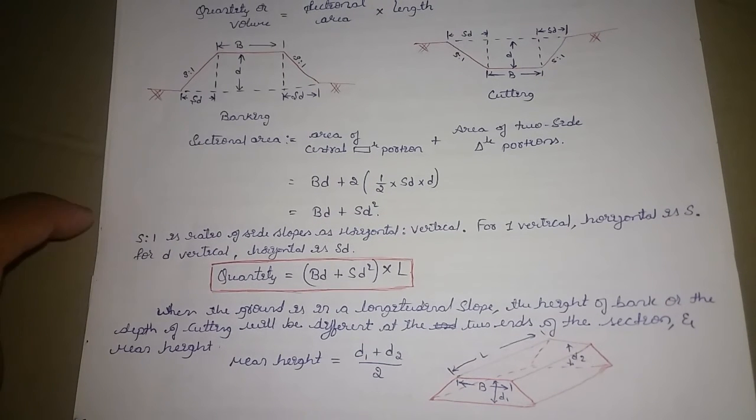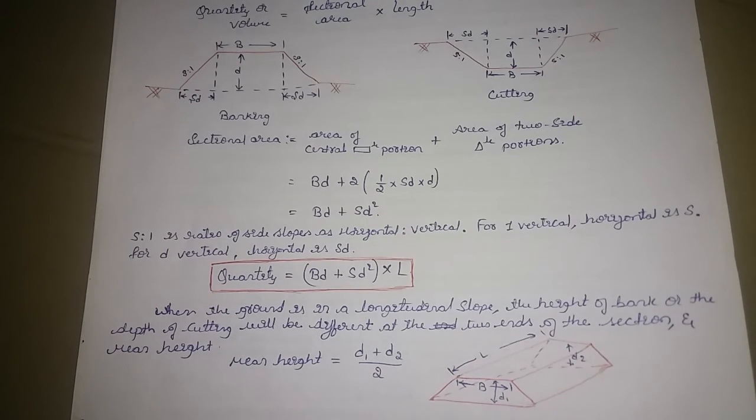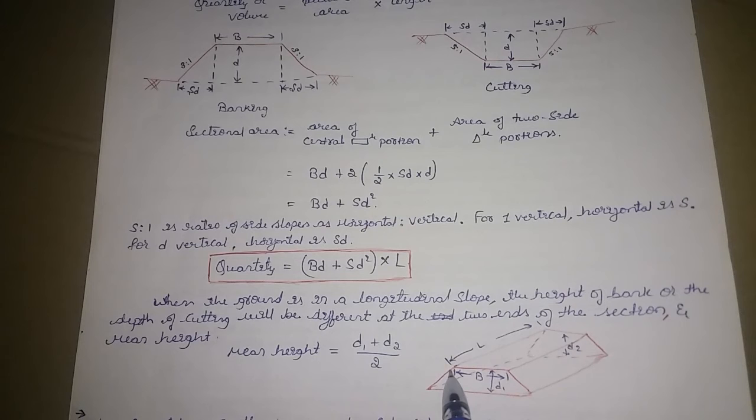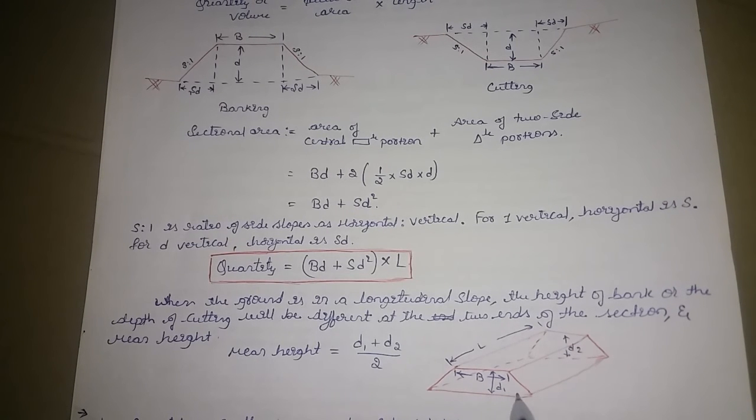You can see the diagram, the height at this end and at that end have different values. For example, d1 is equal to 2 meters, then d2 is equal to 3 meters. The depth at the two ends is different.